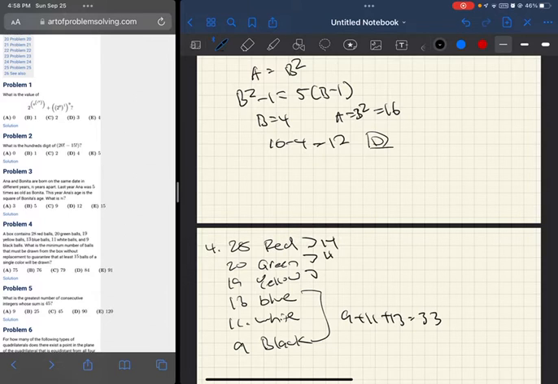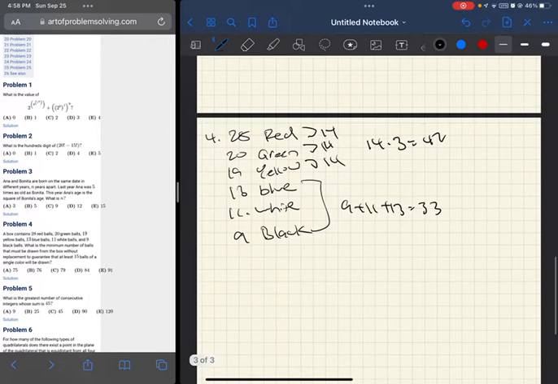So 14 times 3 gives us 42. And then the next ball we draw is going to be either red, green, or yellow, and then we're going to have 15. So what that means is we need to take the 42 plus 33 plus 1 equals 76 balls, and 76 balls is B.